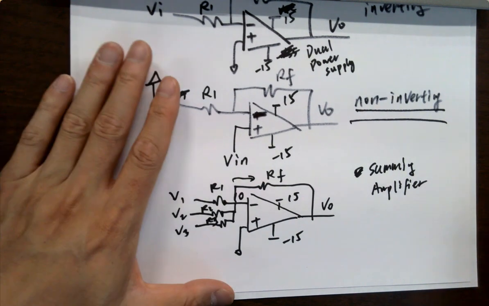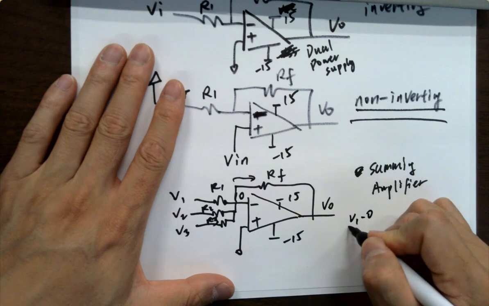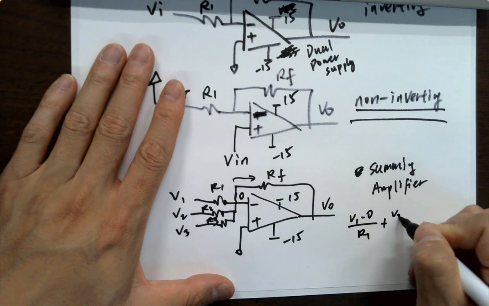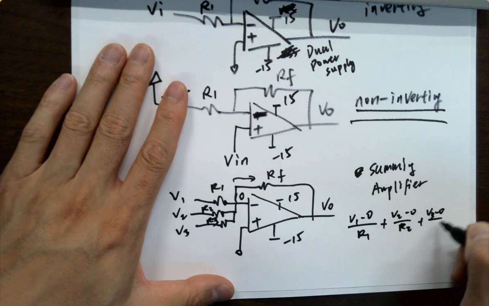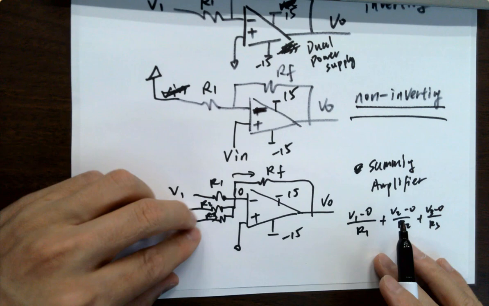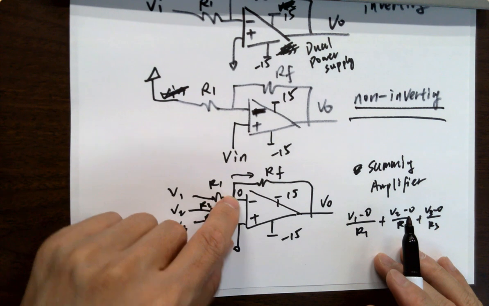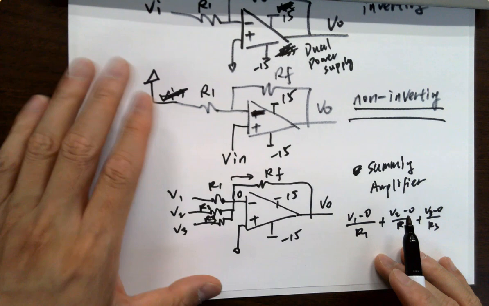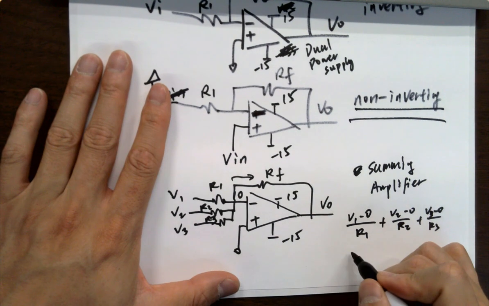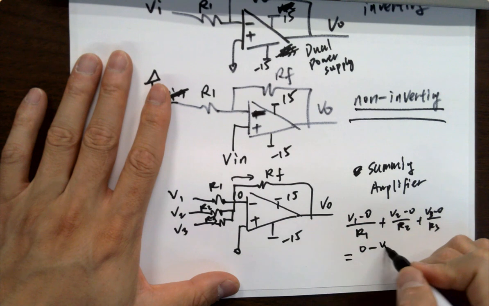How to list the KCL here? V1 minus 0 over R1 plus V2 minus 0 over R2 plus V3 minus 0 over R3. That's the three current streams flowing into it, and nothing is going into the op-amps. It's all flowing merged and flowing through RF. So that equals 0 minus V out over RF.